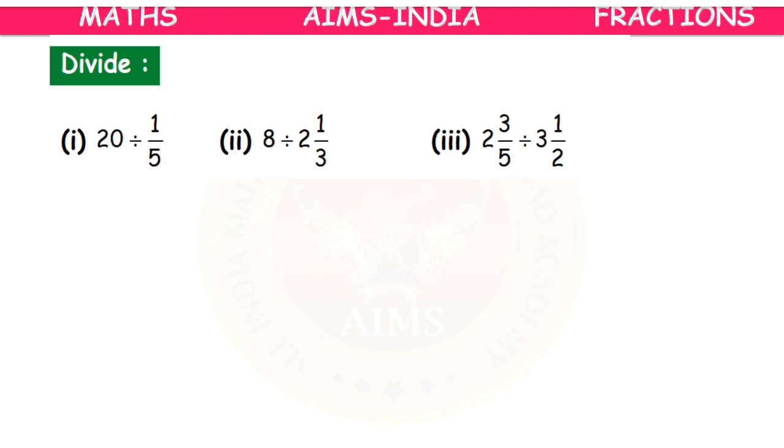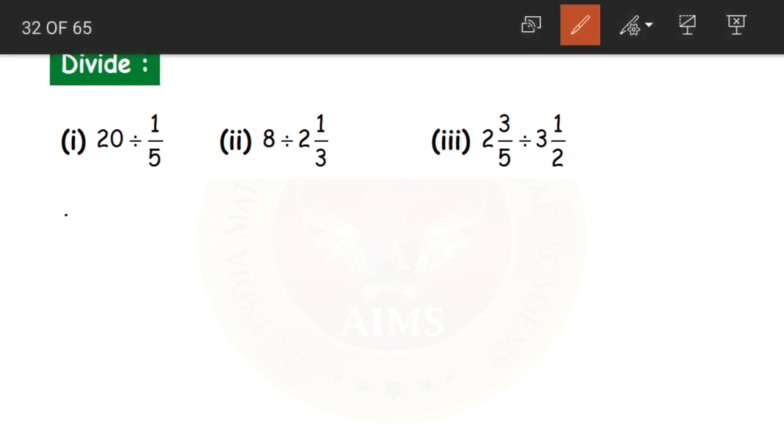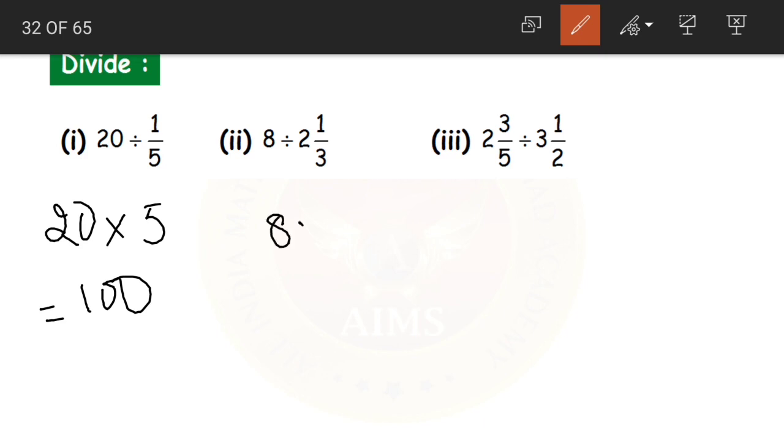Now let us divide few fractions. 20 into 1 by 5. How will we do 20 into 5? What will its answer become? 100. Yes. Now 8 divided by 2 1 by 3. It becomes 8 divided by, now 2 1 by 3 becomes 3 2s are 6 plus 1, 7 by 3.